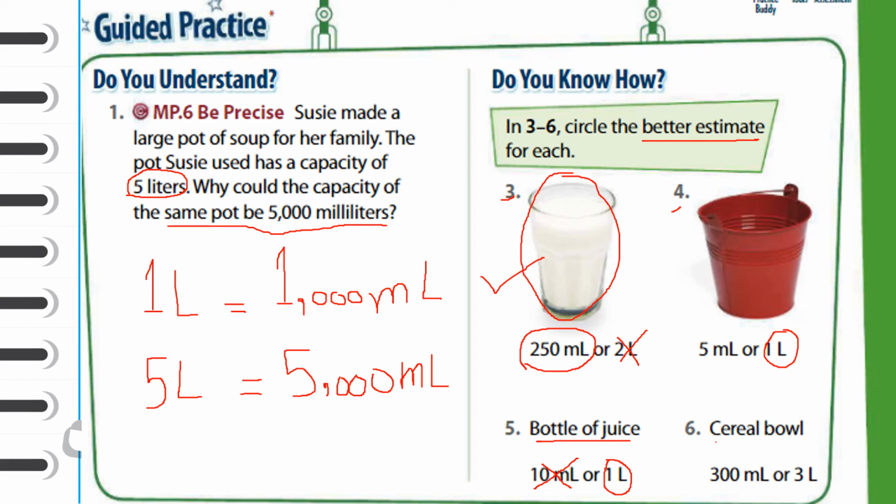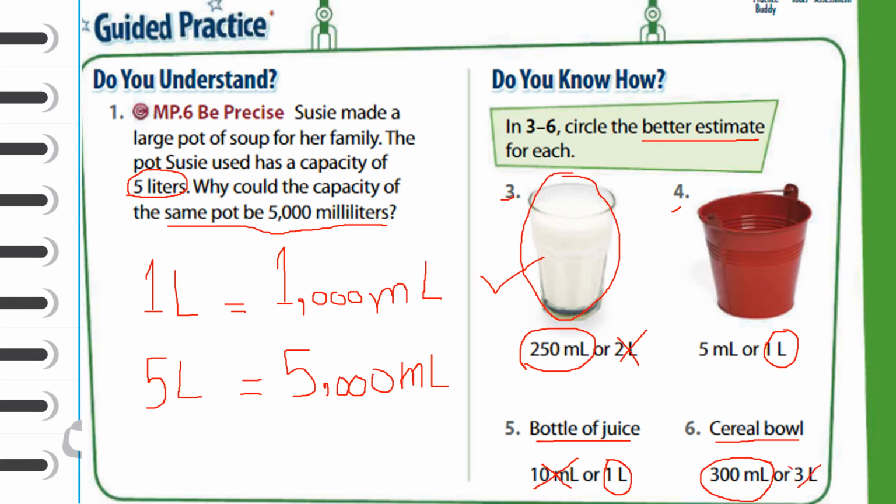Okay, then you eat cereal in your breakfast, right? A bowl of cereal in your breakfast or at any time in the day. So the bowl can hold 3 liter or 300 milliliter. Excellent, 300 milliliters, because 3 liters is too much. It is equal to 3 water bottles, right?